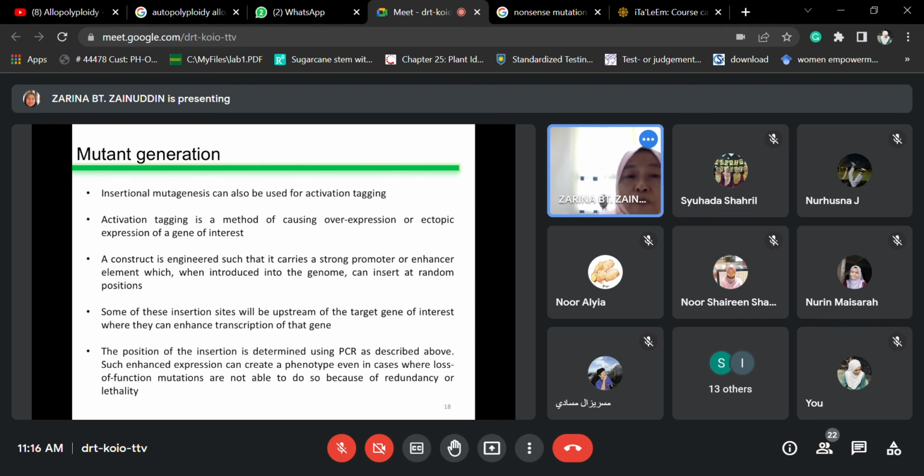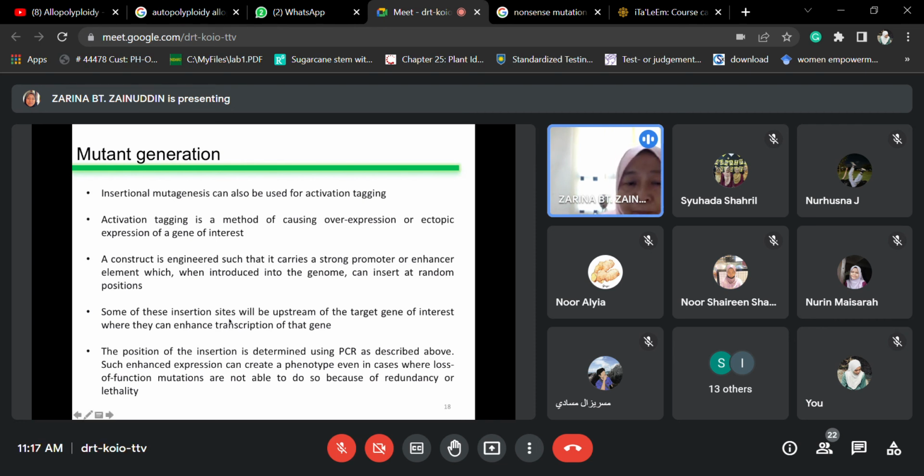Okay, so let's say you target gene A in the genome of that plant, which you want to disrupt. Some of these insertions, when you insert the DNA segment, will be upstream of the target gene of interest, so they will enhance the transcription of that gene that you want to mutate.